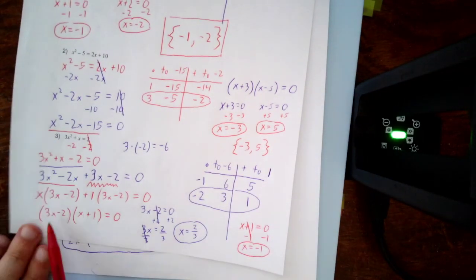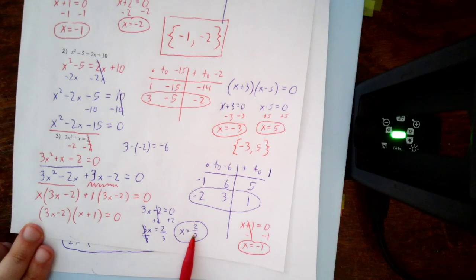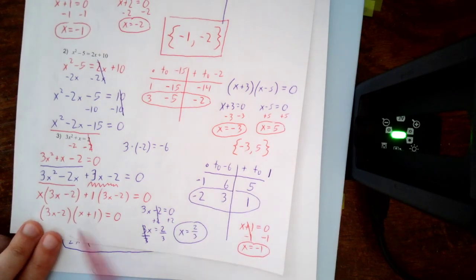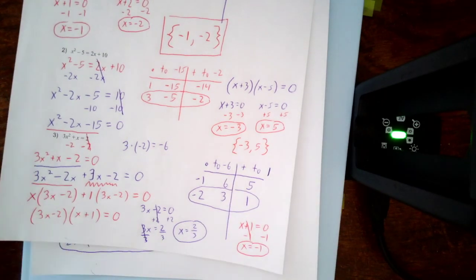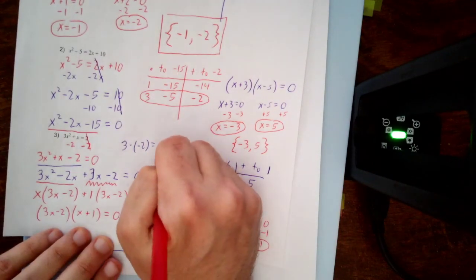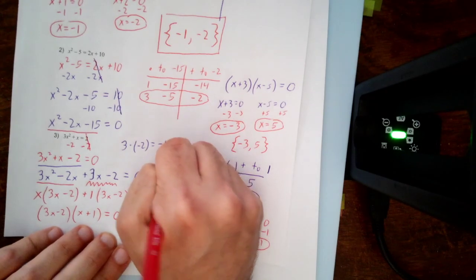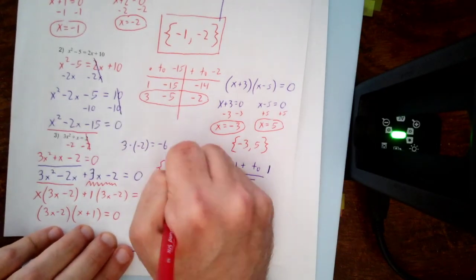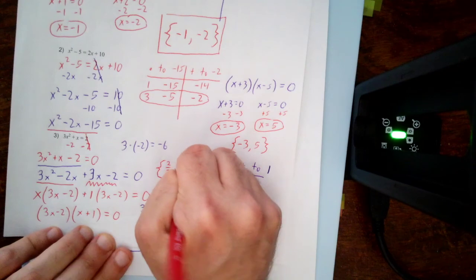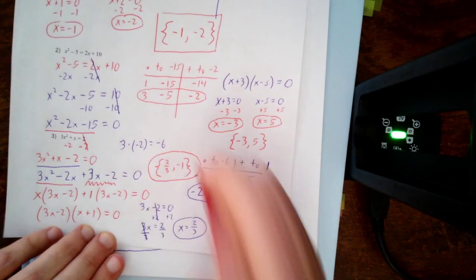So my first factor gave me 2/3. My other factor gave me negative 1. So my answers are 2/3 and negative 1, which if we wanted to write in set builder notation, sorry, I kind of ran out of room here. I write a little big. We're going to get 2/3 and negative 1 as our set answer, right?